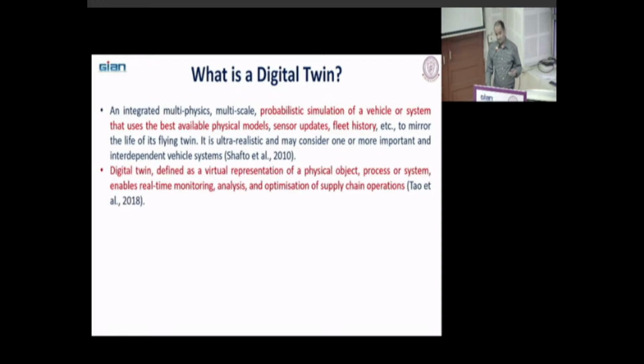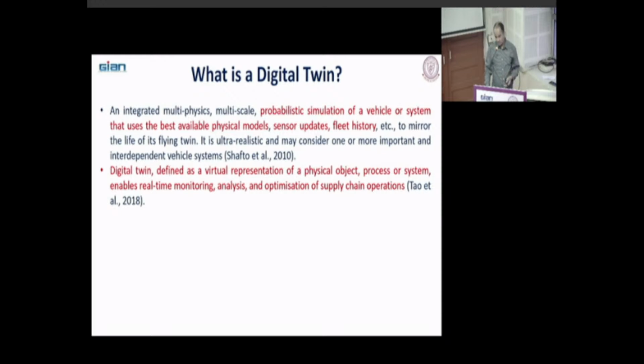But later, as I said, from 2016, many authors developed definitions of the digital twin. This one is very interesting and easy to understand, given by Tao in 2018. Digital twin is defined as a virtual representation of a physical object, process or system.